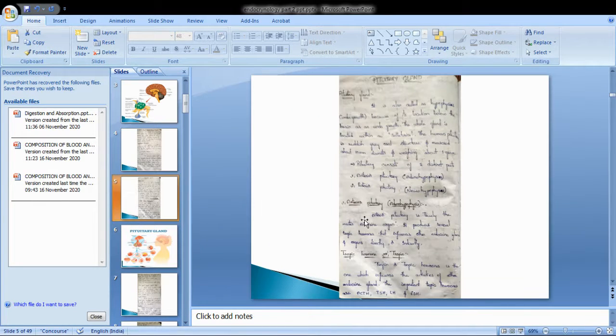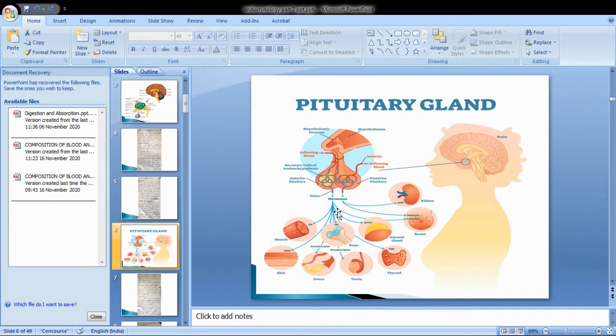Next, coming to the point, let's discuss the anterior pituitary, that is, the adenohypophysis. The anterior pituitary is truly the master endocrine organ. As we discussed earlier, it plays a major role with the hypothalamus, because it releases the growth hormones.